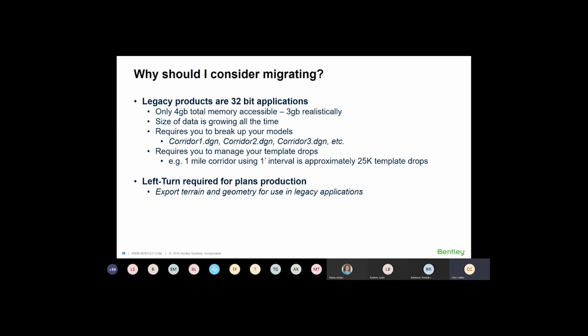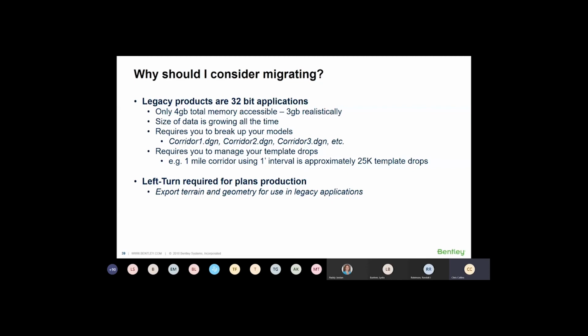So if you're doing newer type projects with point clouds and stuff, you realize things run slower in the old products. Breaking up models was a requirement, and still on some projects it's a requirement now because they're so large, even in OpenRoads, but not nearly as big a consideration as it was in the legacy products.